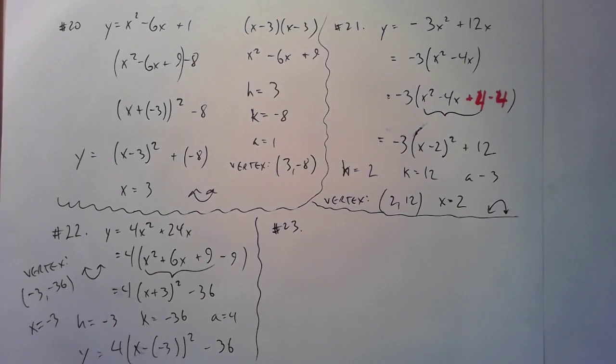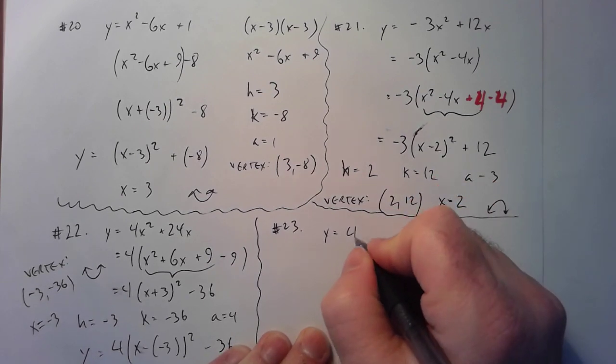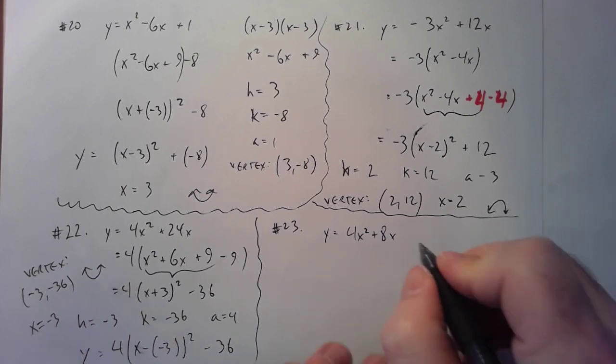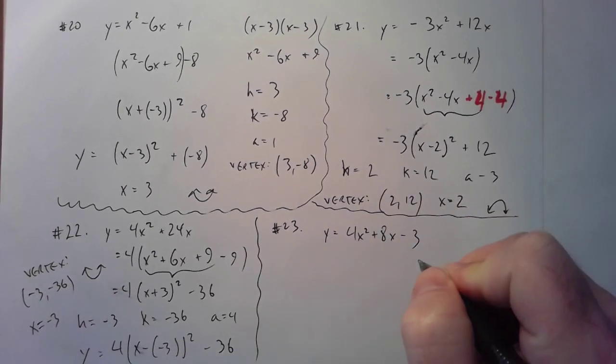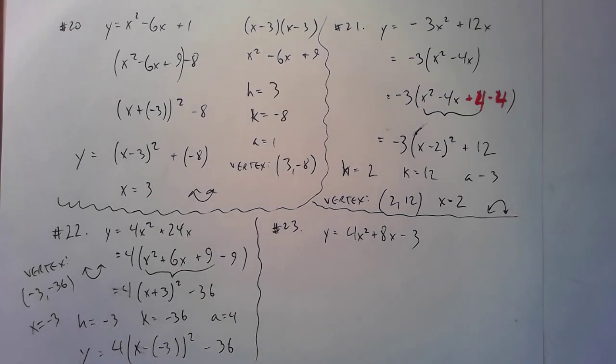Number 23 is y equals 4x squared plus 8x minus 3. So to put this in vertex form is another complete the square kind of problem.